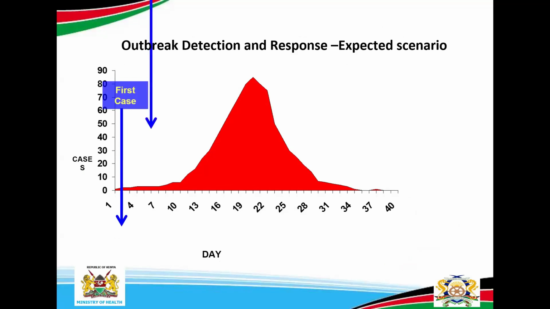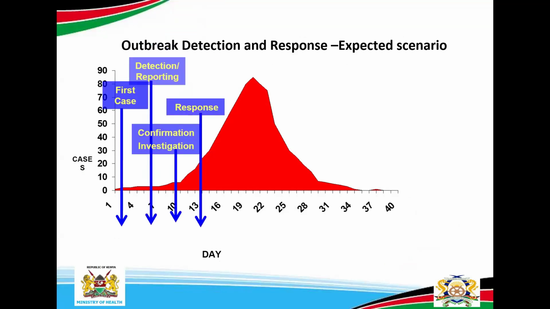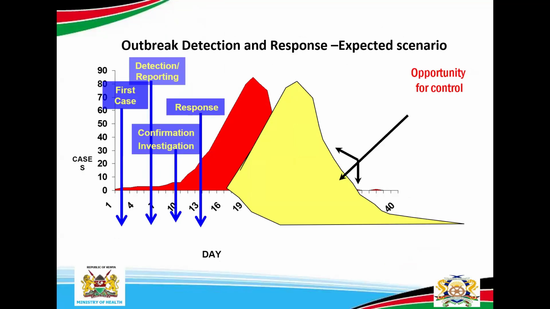For example, we have the first case. Here, what we're trying to show is the first case. When you miss the first case and you have delays, you are expecting to get more cases of that particular disease.